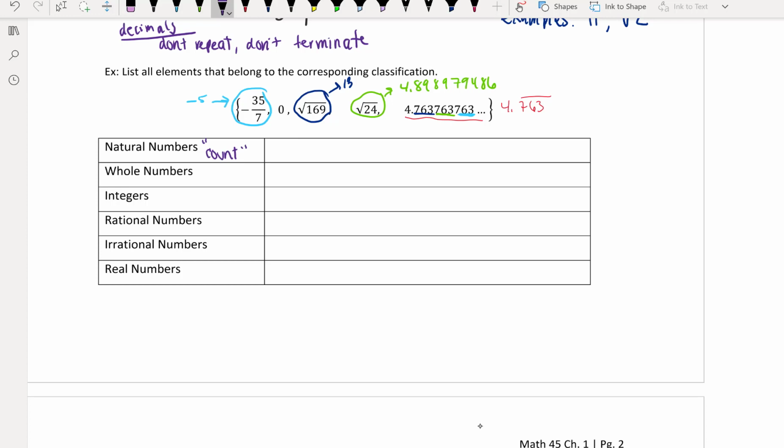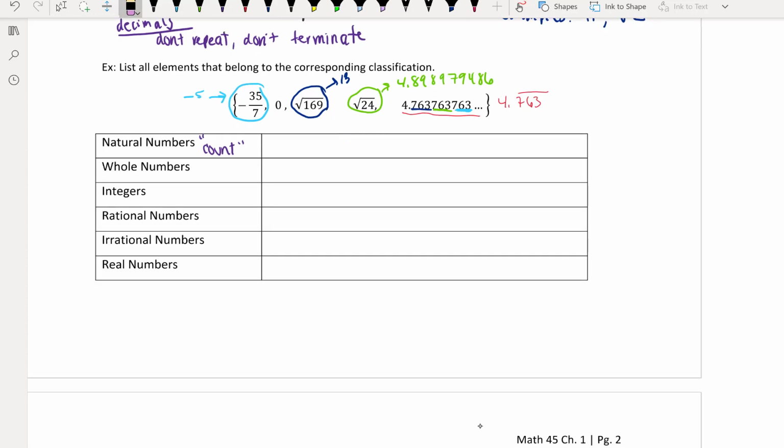Well, the only number here that I see that I can naturally count up to, I can count to 1, 2, 3, 4, all the way up to the number 13. So 13 is going to be my only natural number, except it's not listed as 13 now, is it? It's listed as the square root of 169.